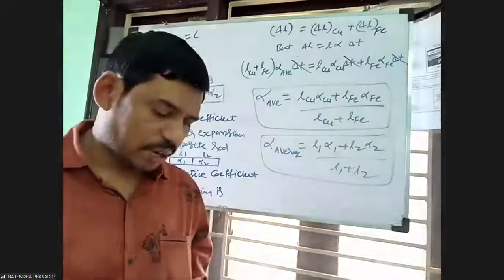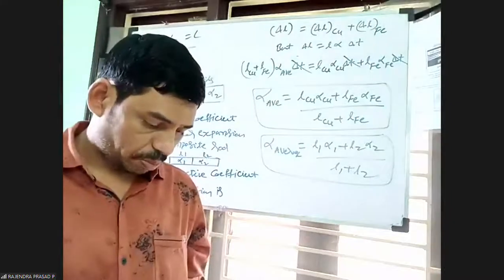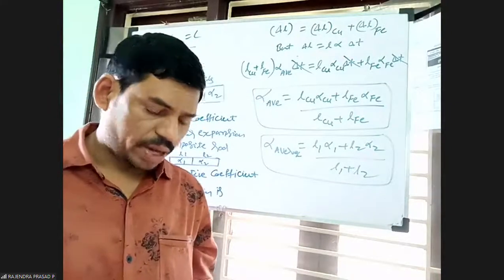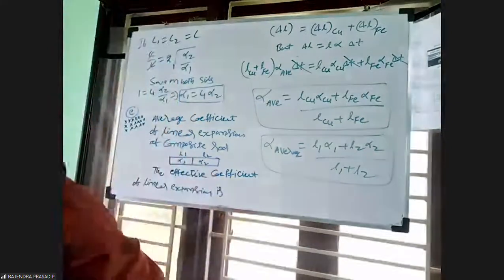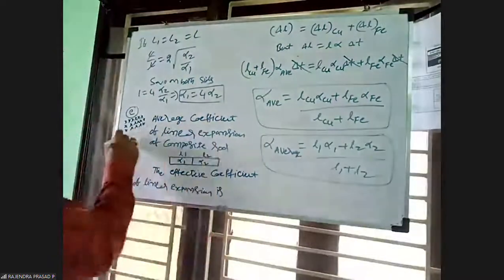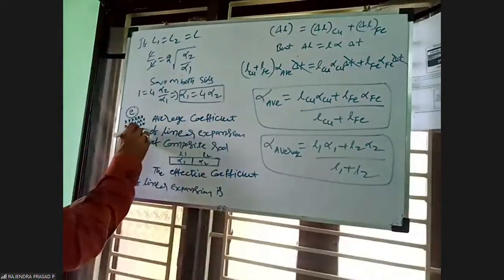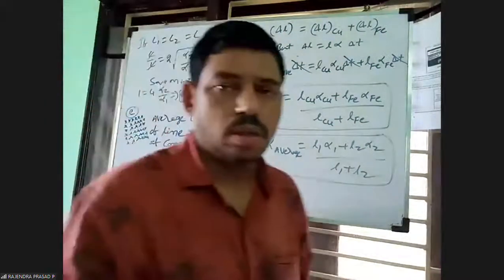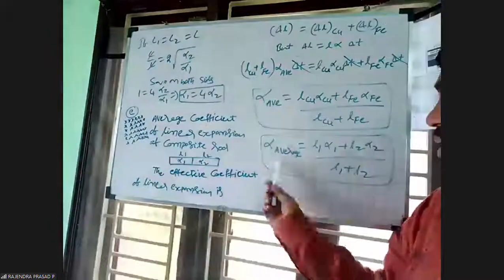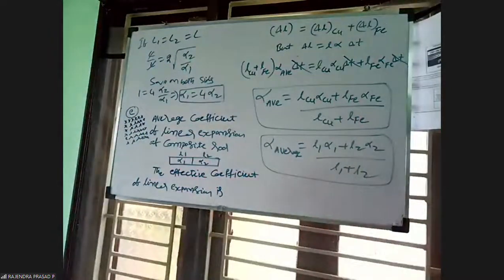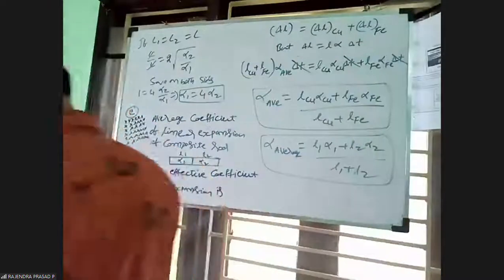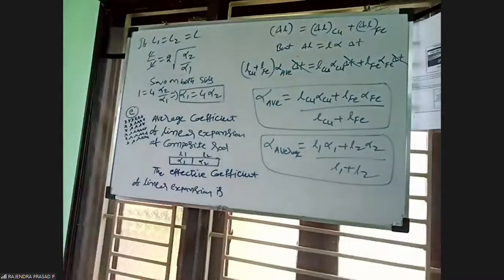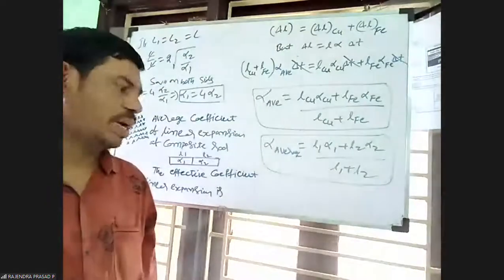This is formula 12.15, a very important formula: L1 alpha 1 plus L2 alpha 2 by L1 plus L2.